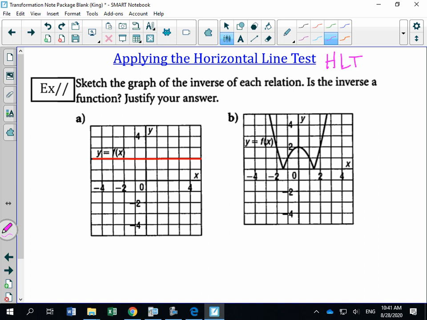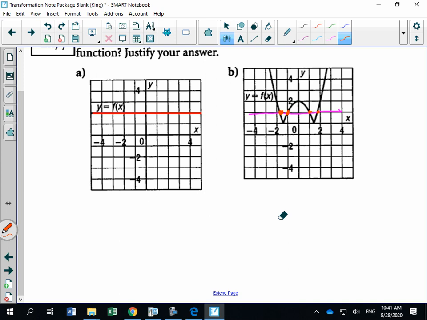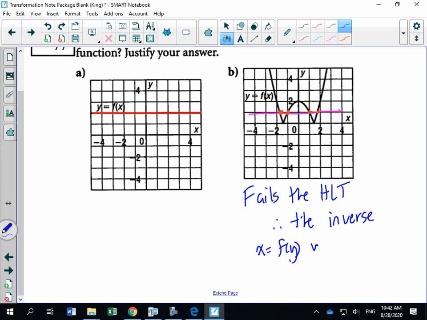If you draw a horizontal line through the original graph and it cuts through more than one point, then the inverse will not be a function. So this fails the horizontal line test. Therefore, the inverse, which is x is equal to f of y, will not be a function.